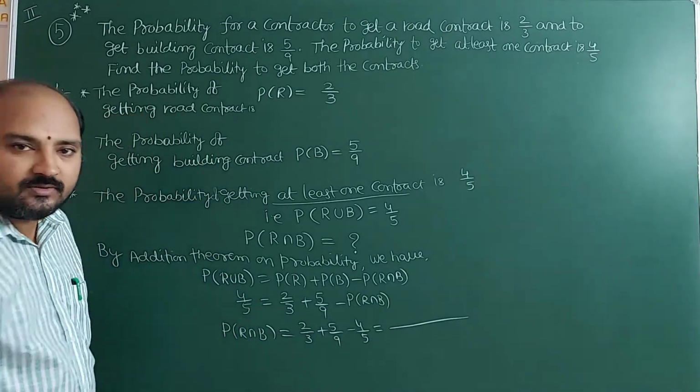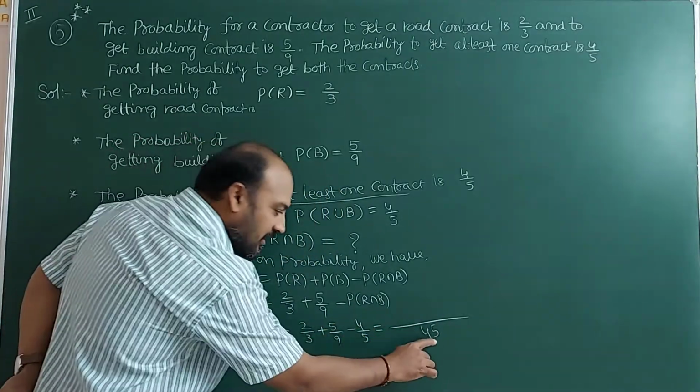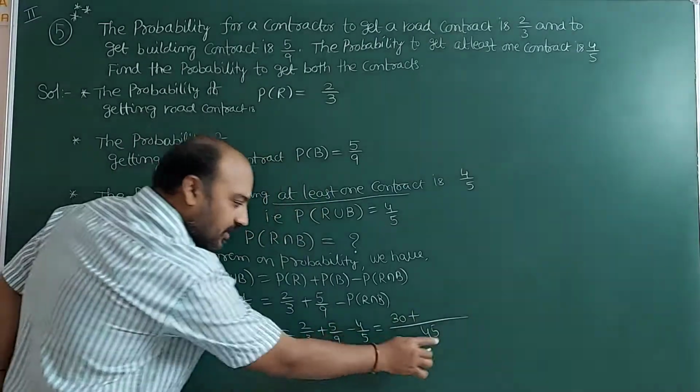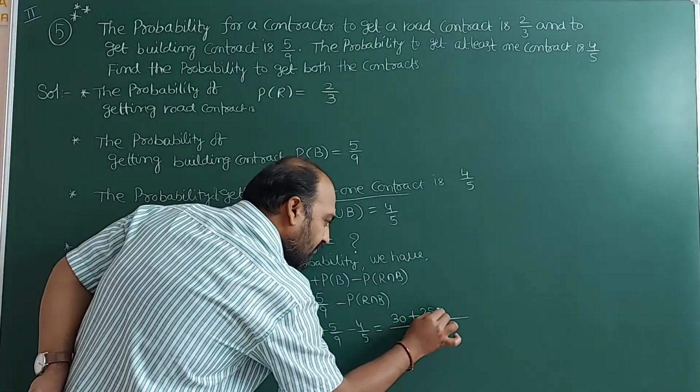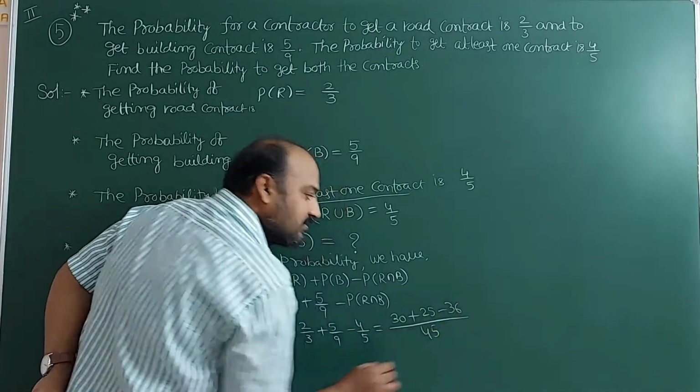How much? 45 we take. So 3 15s, 15 2s are 30, plus 9 5s are 45, 5 into 5, 25, minus 5 9s are 45, 9 into 4, that is 36.